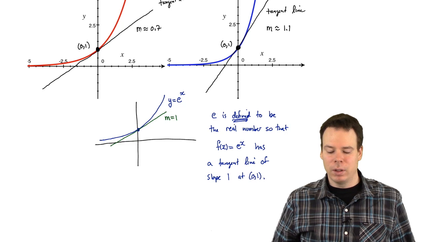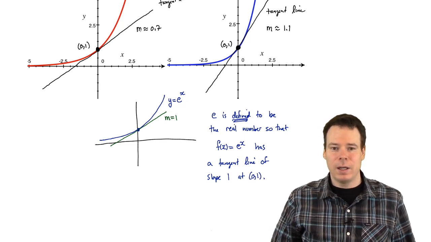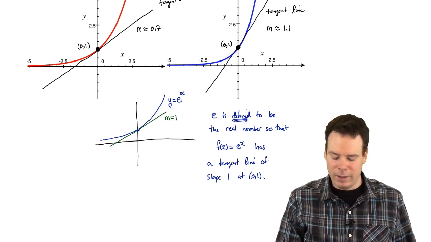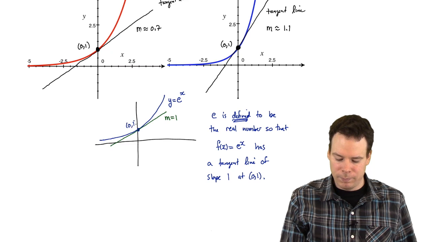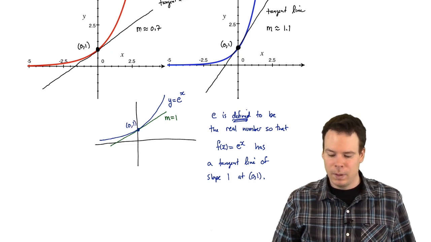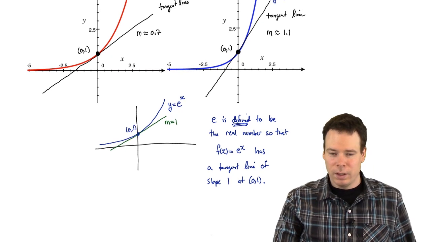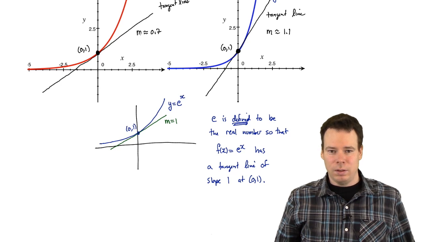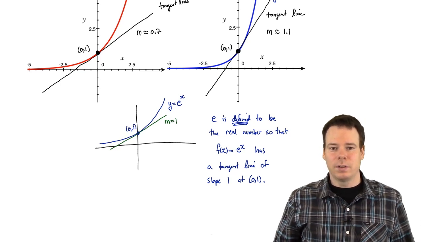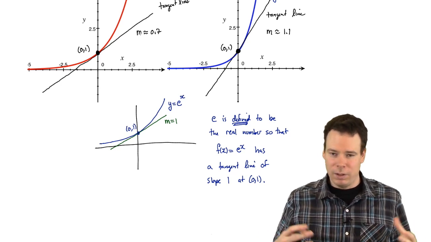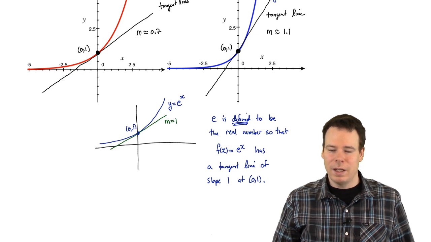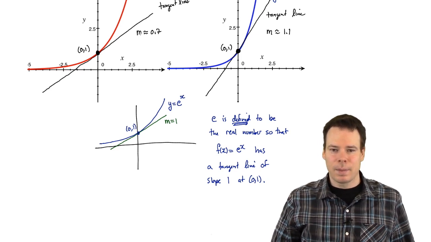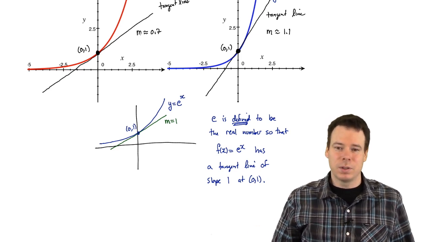It's that number for which, when I take it as the base of the exponential function, the slope at the point (0, 1) is 1. This is important in calculus because what we're going to be interested in, for the most part, is slopes of tangent lines. And we'd like to have an exponential function whose slope of the tangent line at the point (0, 1) is as simple as possible in some sense.